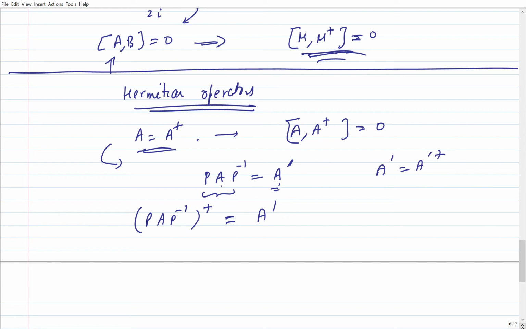And I also have this A is equal to A dagger. So let me just expand it.